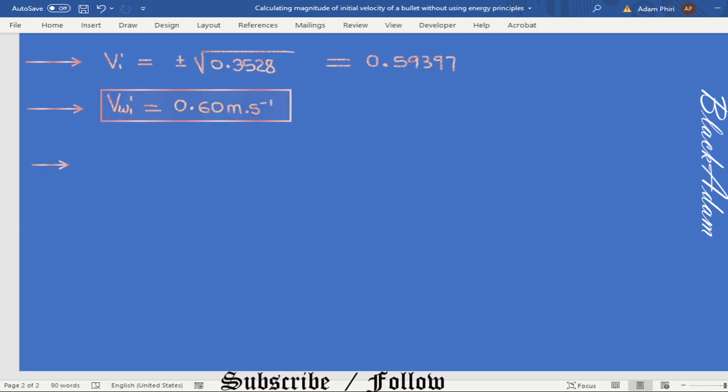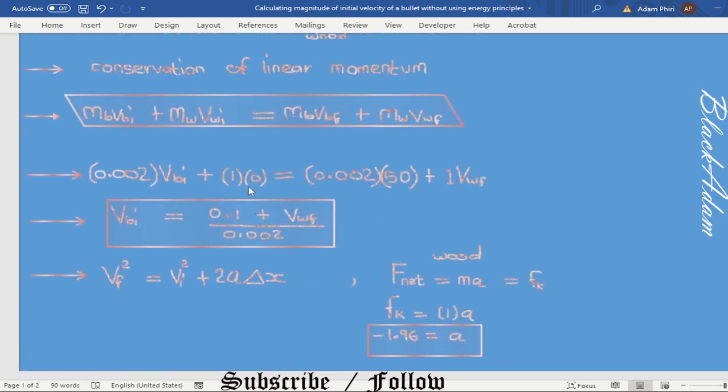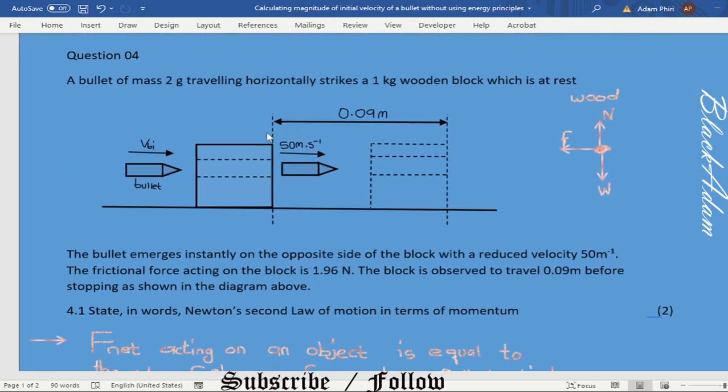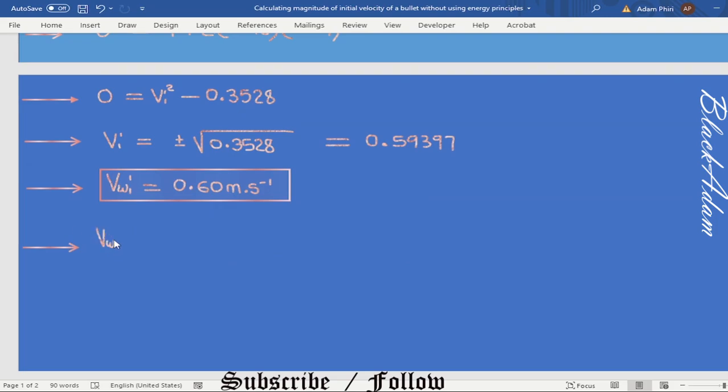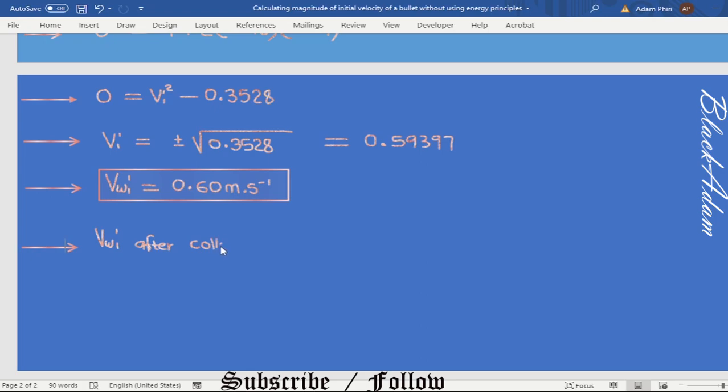That's just my translation there, that you have Vi, which is also Vfinal, on two different stages the block experienced. So it's after collision. That's how you need to interpret it. The final on one side becomes the initial on the other side, on two different processes.